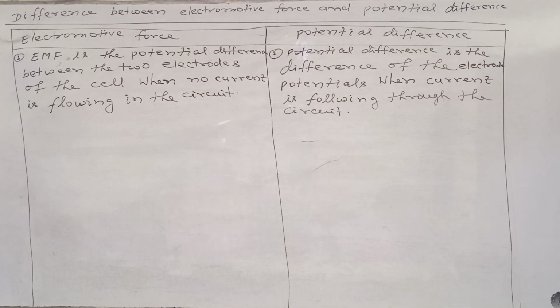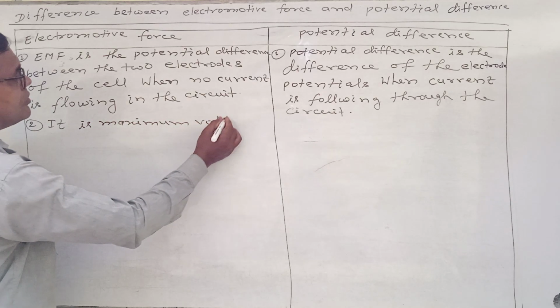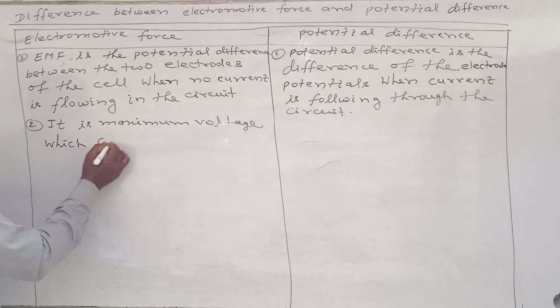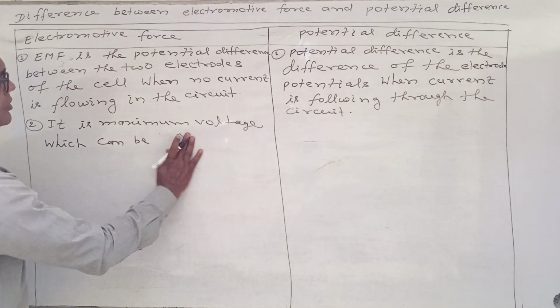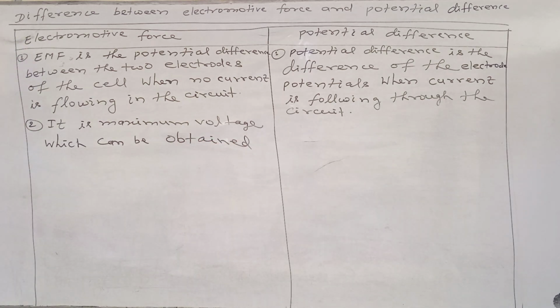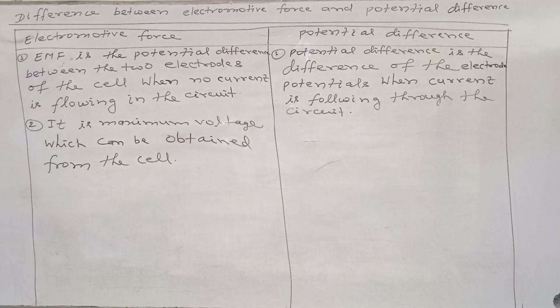The second point is, we write, it is the maximum voltage which can be obtained from the cell.